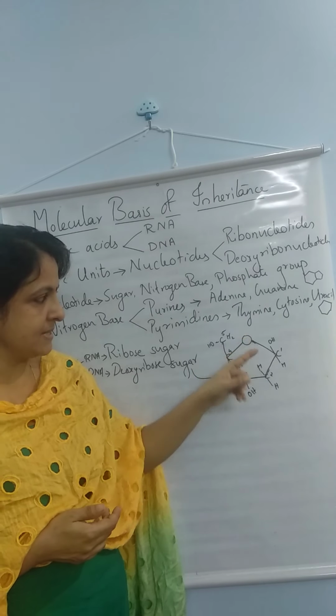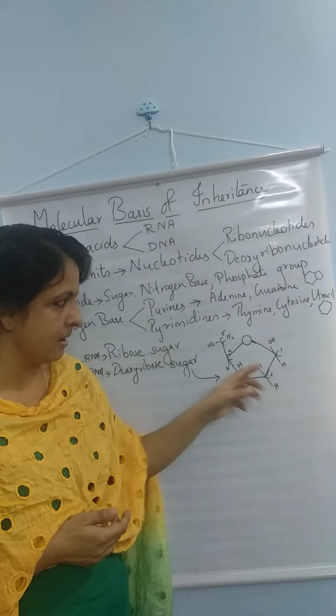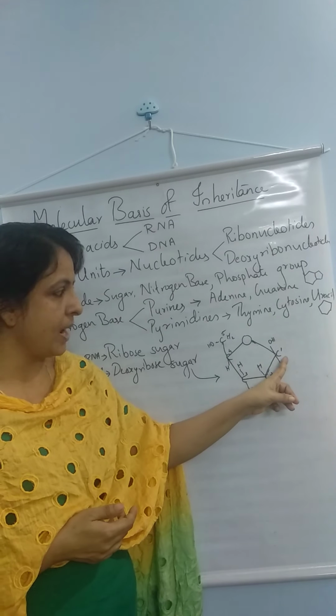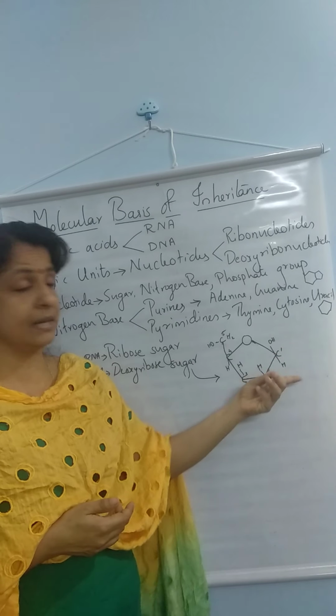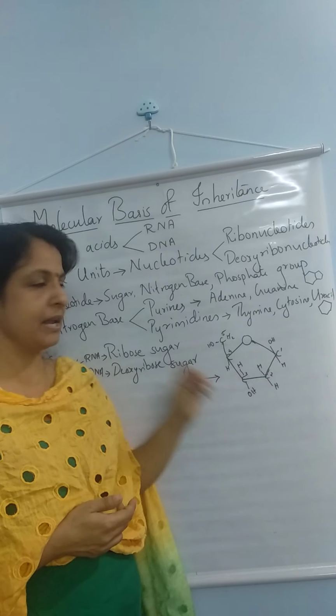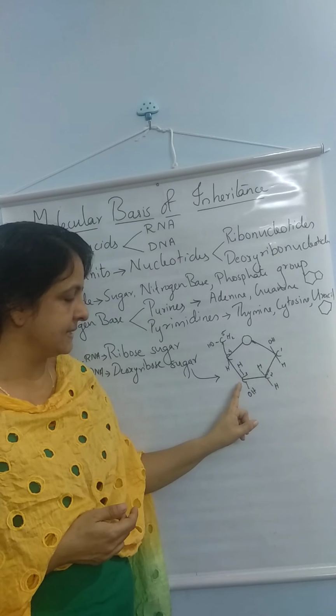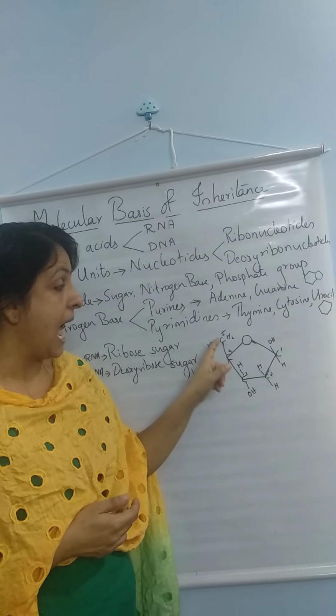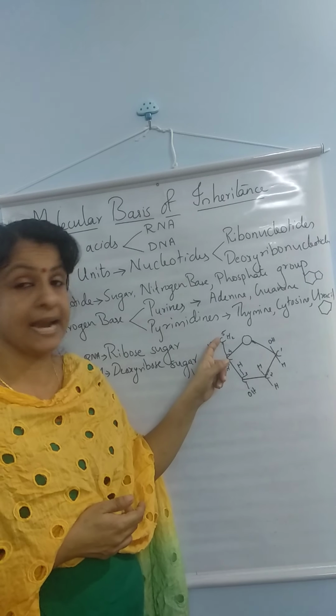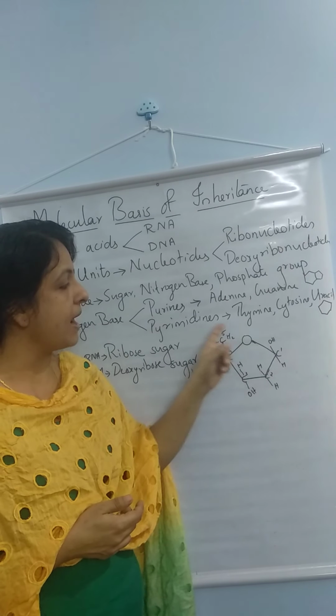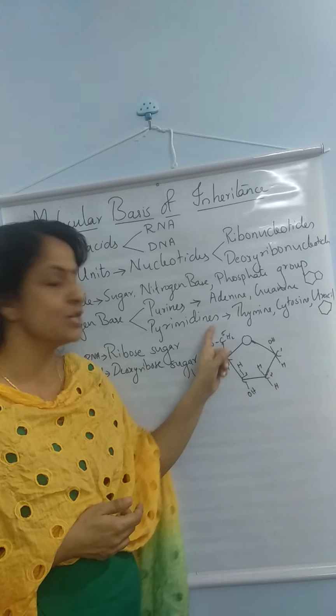So oxygen atom is there, then the other 4 carbons are here. So they are numbered as 1 dash carbon, 2 dash carbon. So this carbon is the 1 dash carbon, this is 2, this is the 3rd one, this is the 4th one. And the 5th carbon is outside the ring and it forms the part of CH2OH group.